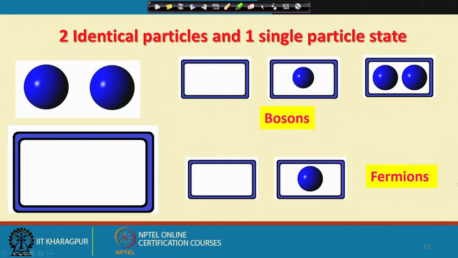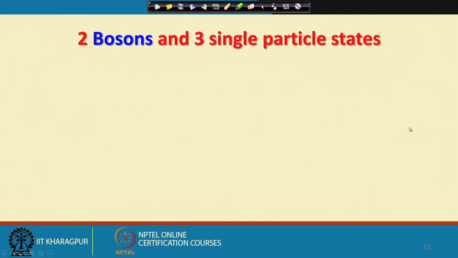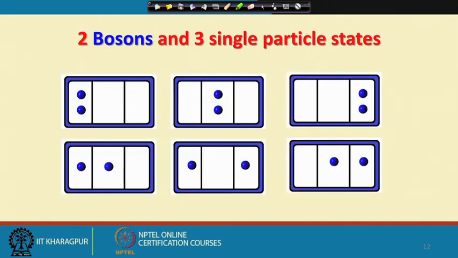Correspondingly, I must have this kind of allowed microscopic states for the fermions. Now, this way we can go ahead and try to understand what happens, for example, if I have 2 bosons but 3 single particle states. These are the possibilities.